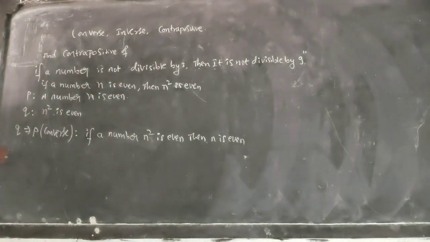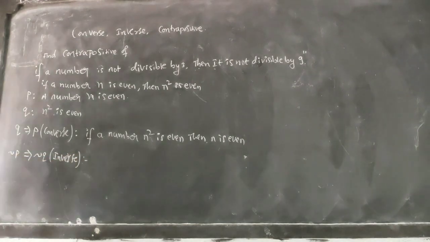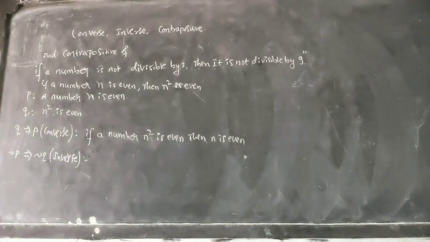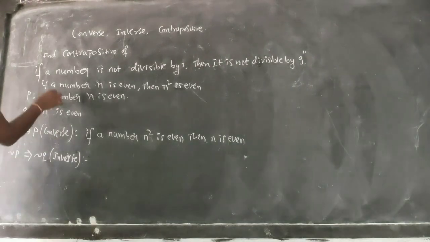Now the next one is the inverse. What is the inverse of the statement? Negation P implies negation Q. This is called the inverse of the statement. Means we have to write the negation of P and the negation of Q. What is the negation of P here?